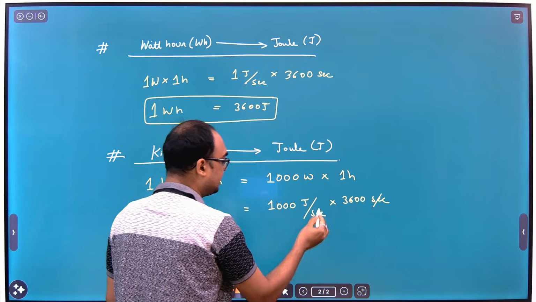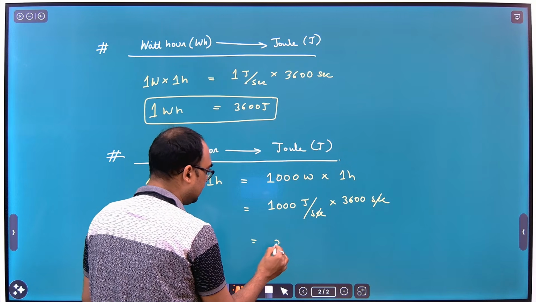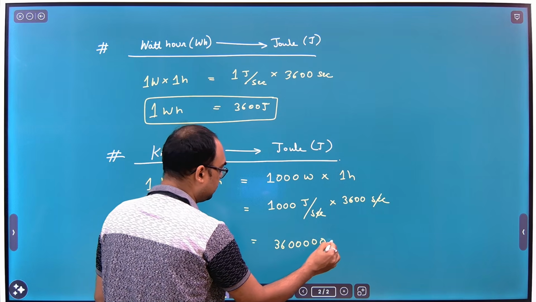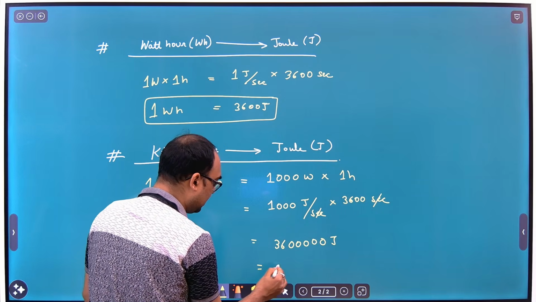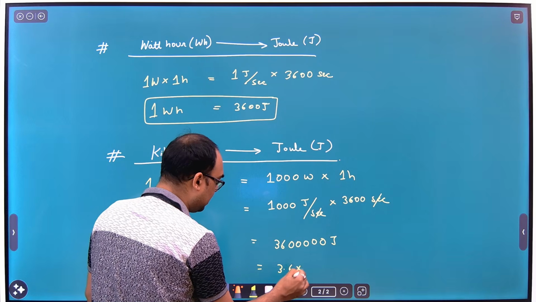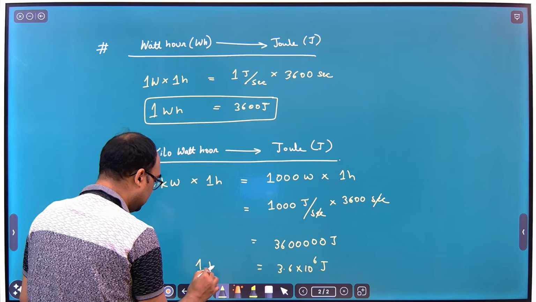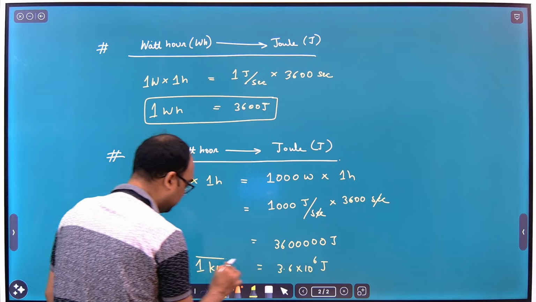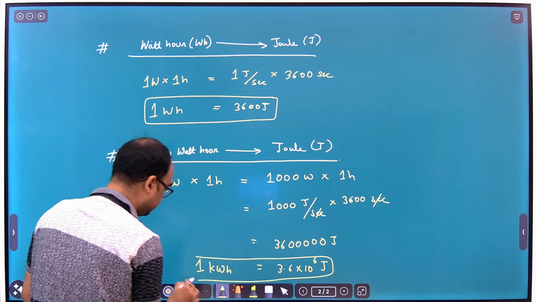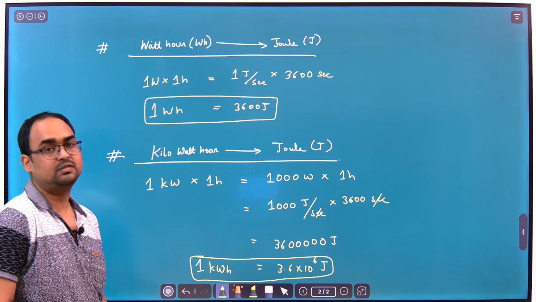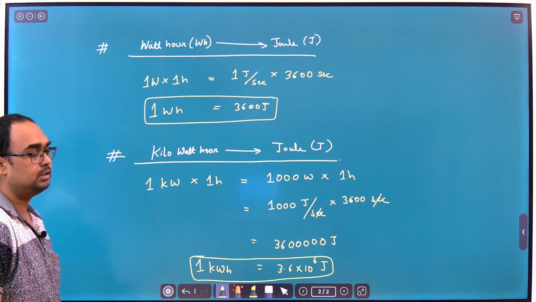So second and second cancel, that is 3.6 million joule, or we can say 3.6 into 10 to the power 6 joule. That's 1 kilowatt hour. These are the two conversions that are very much required. Please go through them once.